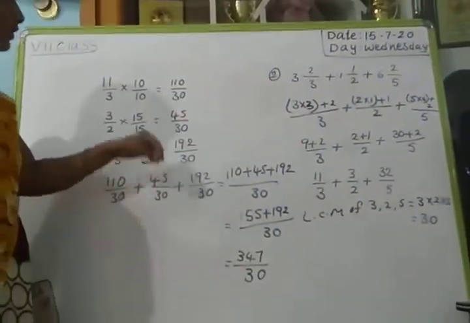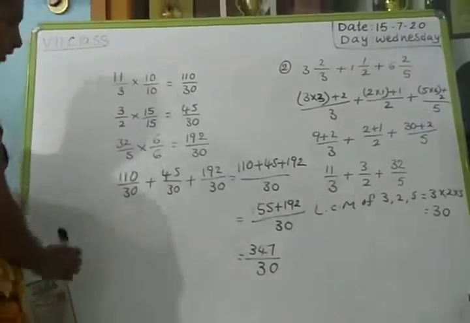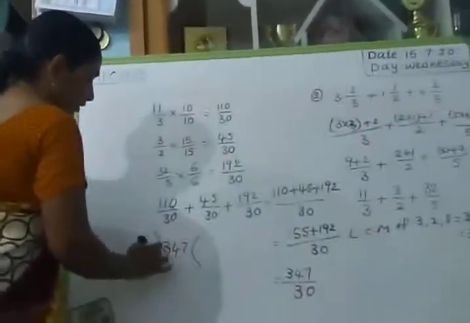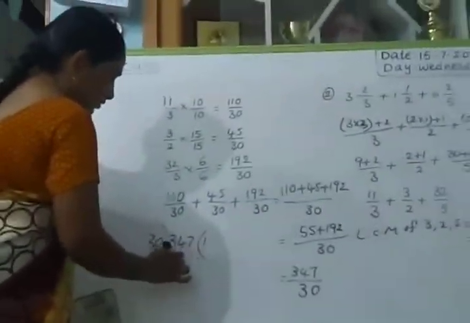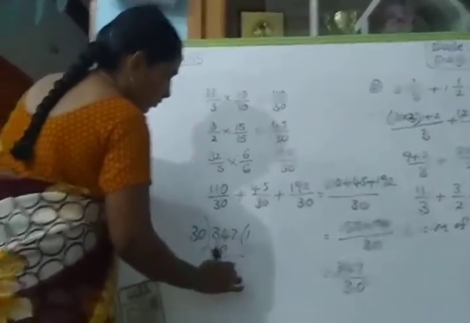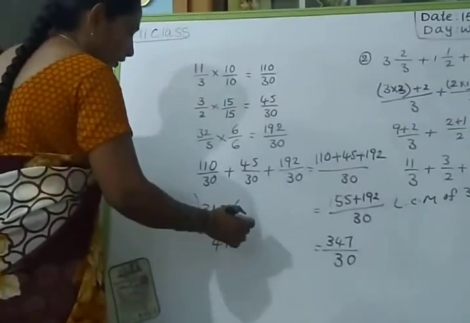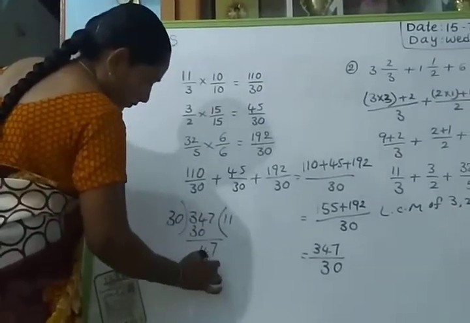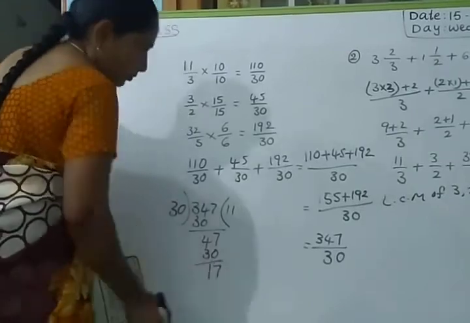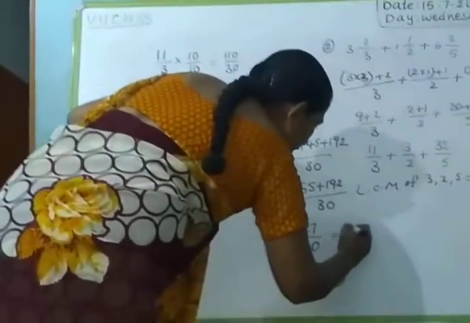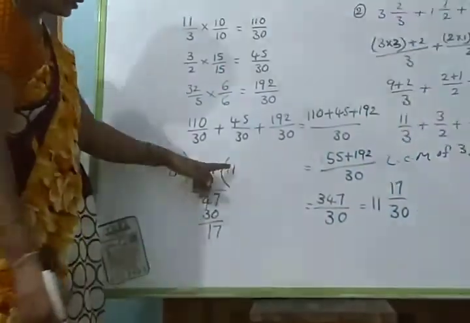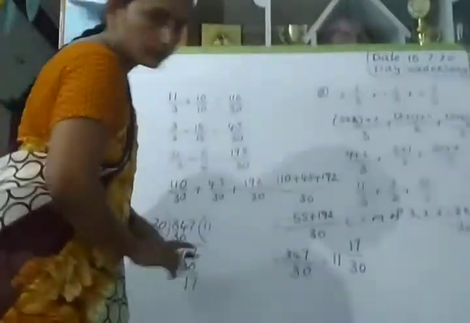If the given options are in mixed fractions, we have to convert into a mixed fraction. What will you get? 30 elevens are 330. So 17 remainder. So you will write 11, 17 by 30.